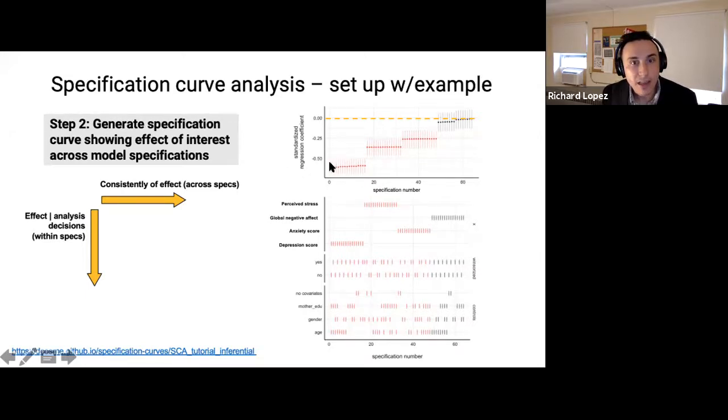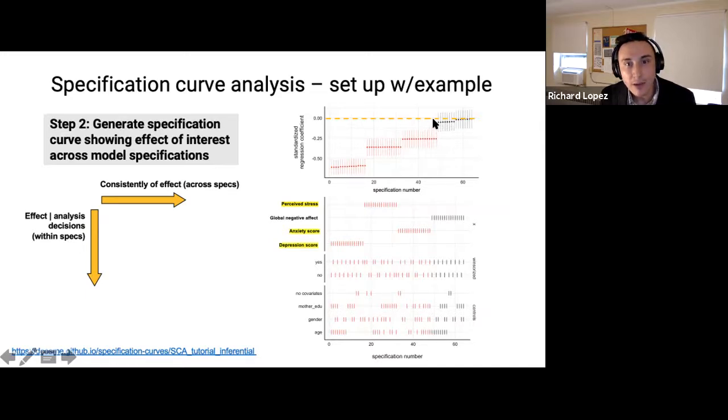So what you can see is that as you go across, you have these effects of interest. This is the overall effect here, but critically, if we line up these effects of interest, we could see depression is most strongly negatively correlated with life satisfaction, which was the outcome measure, followed by perceived stress, followed by anxiety. They're all negatively associated. But the global negative affect measure is most weakly associated.